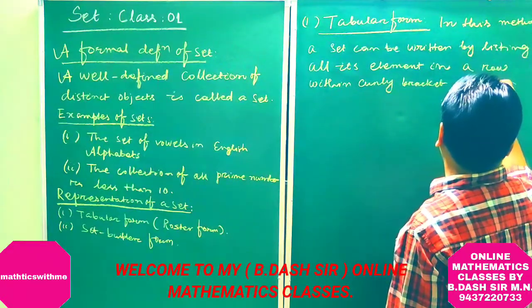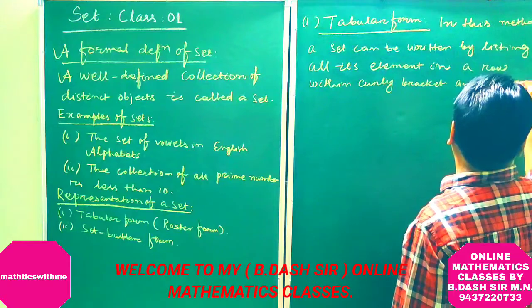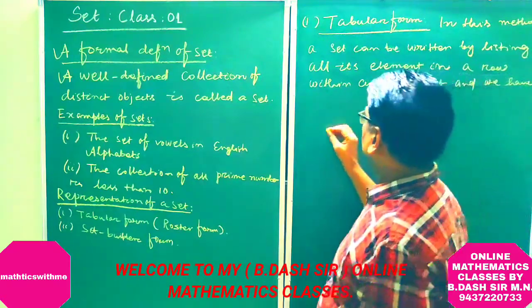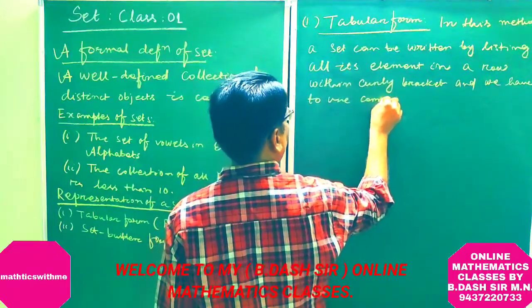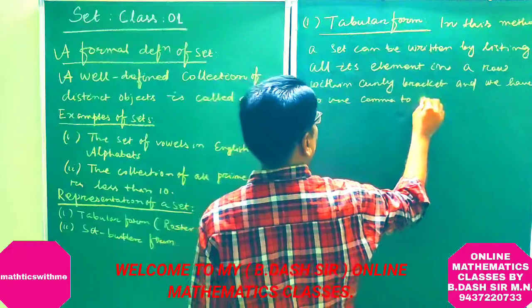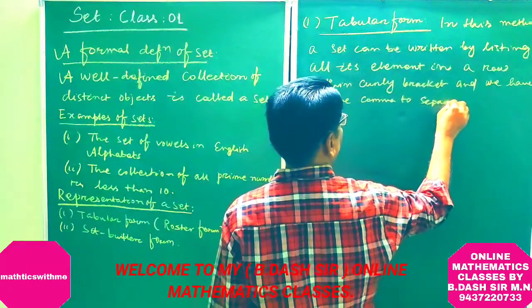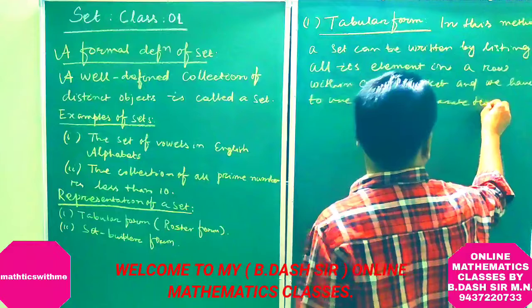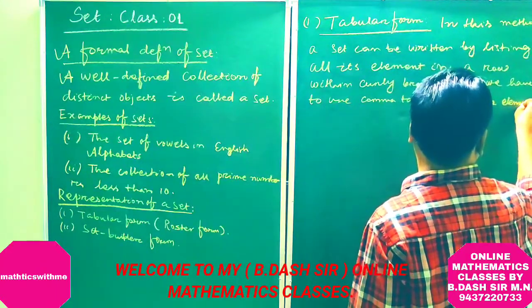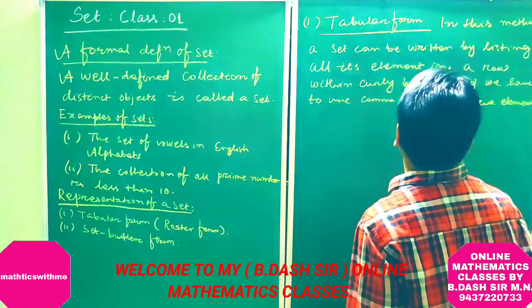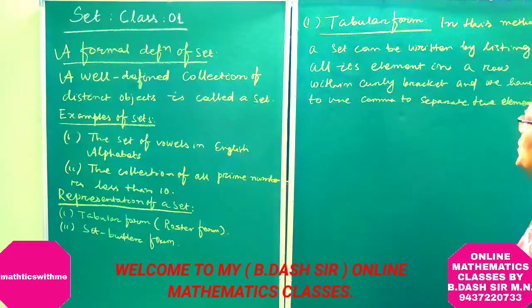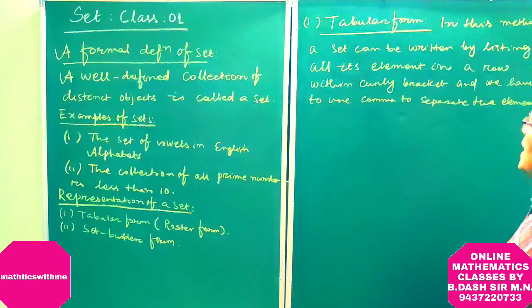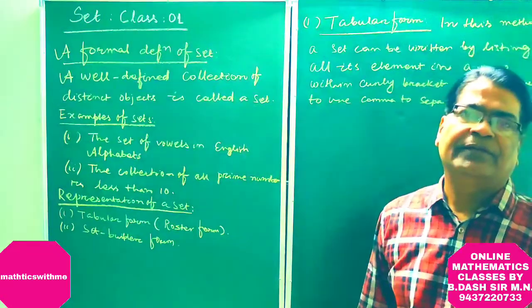And we have to use comma to separate the elements. So in this method, a set can be written by listing all its elements in a row within curly brackets, and we have to use comma to separate the elements.